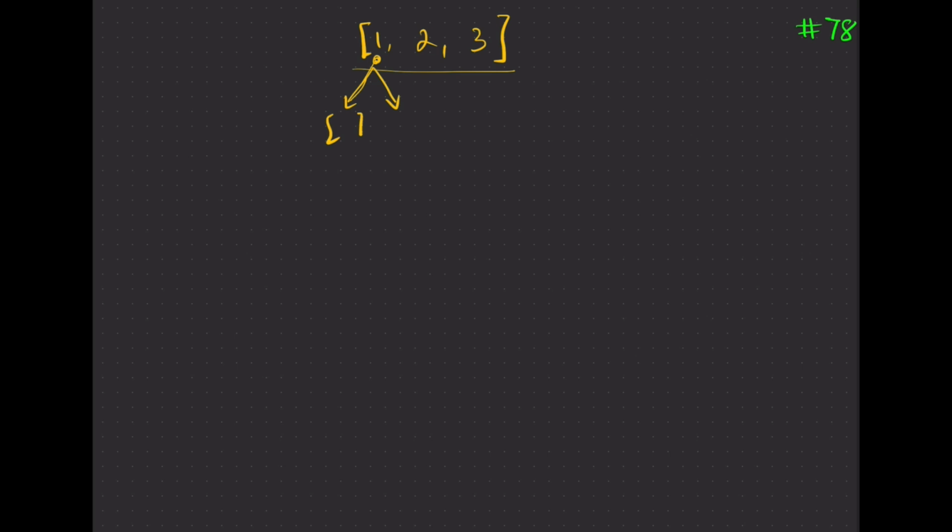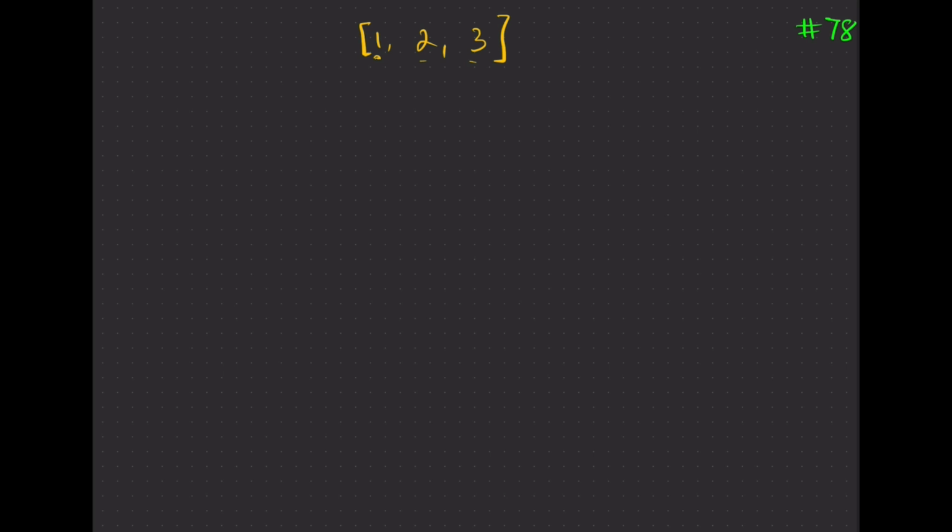Either we can pick this one or we can leave it out. And these choices not only exist for 1, but they also exist for 2 and 3. So here we have two choices, here we have two choices, and here we have two choices, which means we'll have effectively 2 to the power n number of combinations that we can find, right? Keep that in mind.